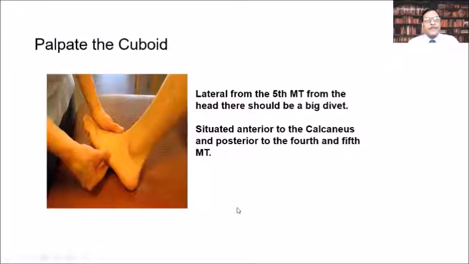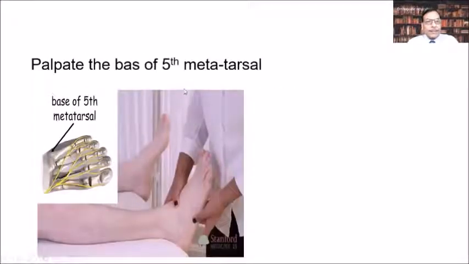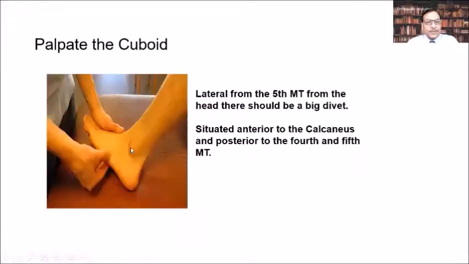How to palpate the cuboid? It is situated anterior to the calcaneus and posterior to the 4th and 5th metatarsal. In between this is, and you can feel it. So once you feel the base of the 5th metatarsal, go posteriorly, you will feel the cuboid.